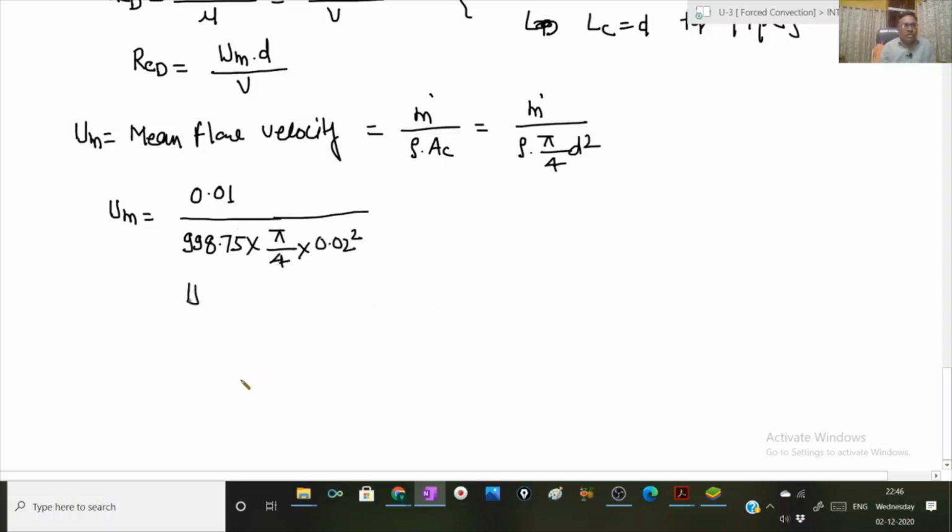So from here the mean flow velocity comes out 0.032 meter per second.